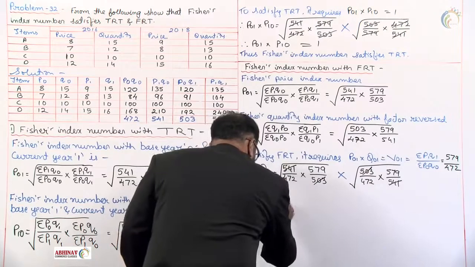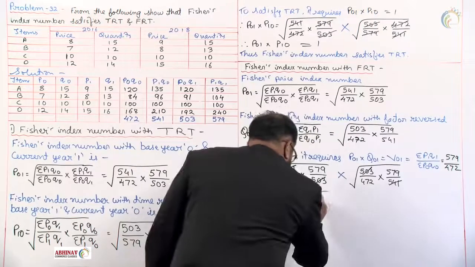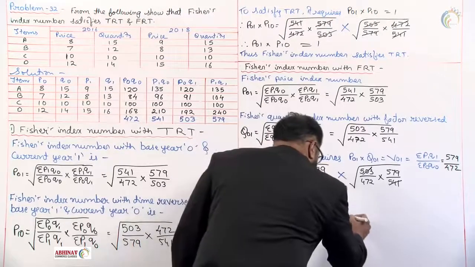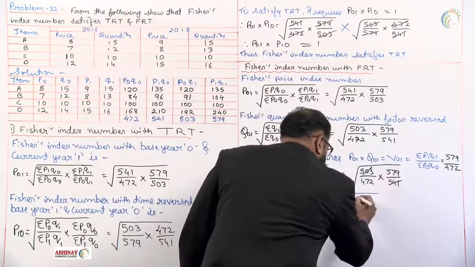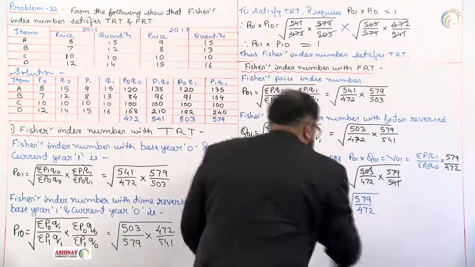P01 into Q01 is nothing but 579 divided by 472, into 579 divided by 472.